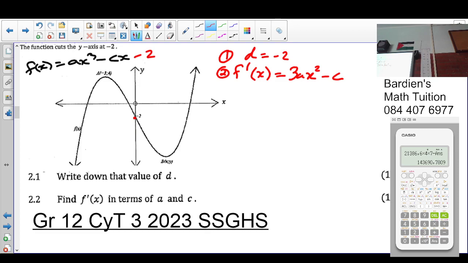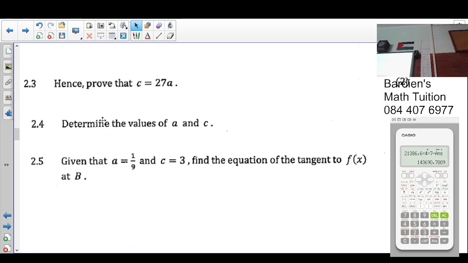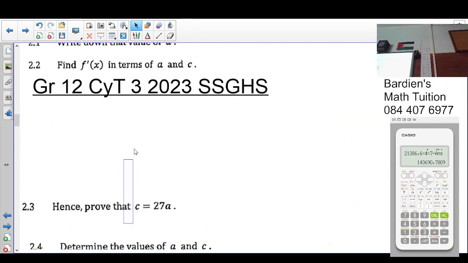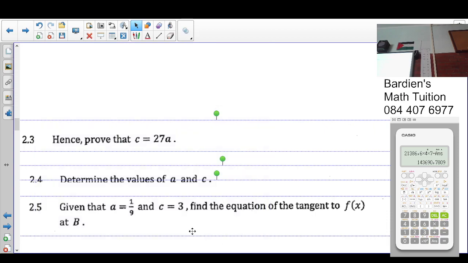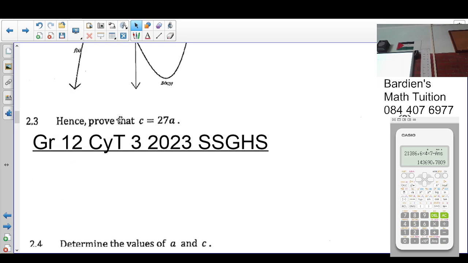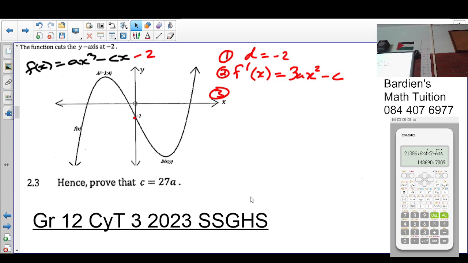Let's look at number 3. Question 3 says, hence prove that c is equal to 27a.